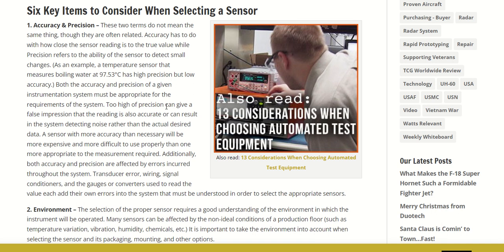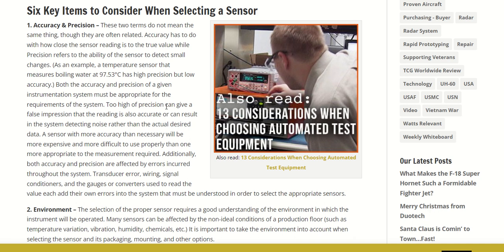And too high precision can give false information and the impression that the reading is also accurate, or can result in the system detecting noise rather than actual desired data, right? And a sensor with more accuracy than necessary will be more expensive and more difficult to use properly than the one which is more appropriate to the measurement required.